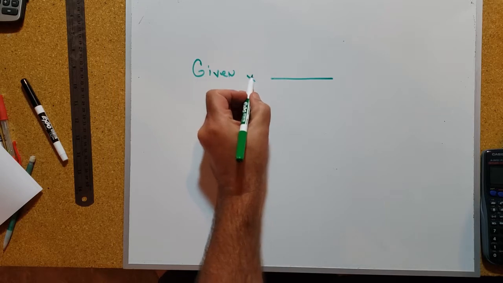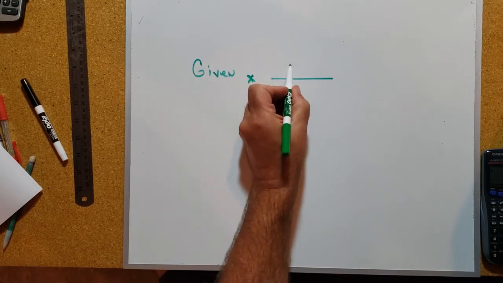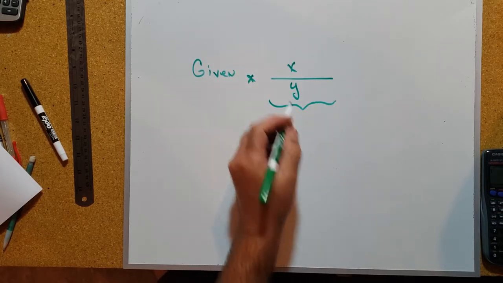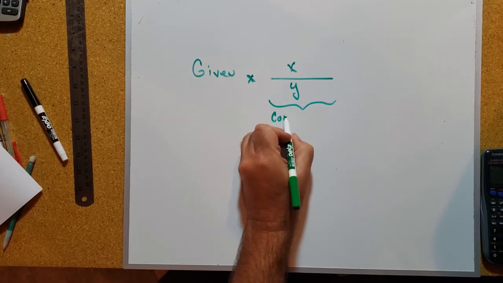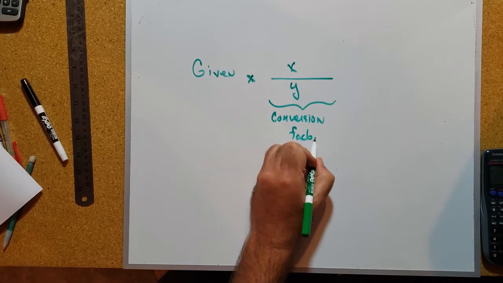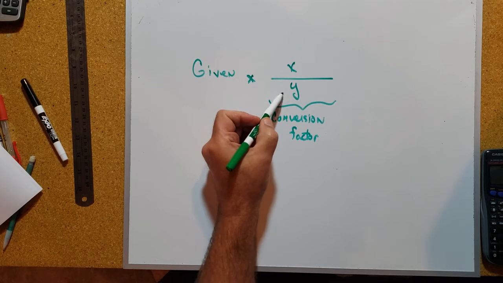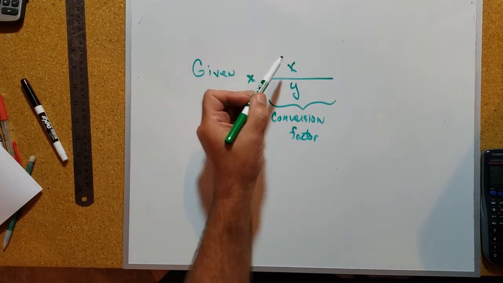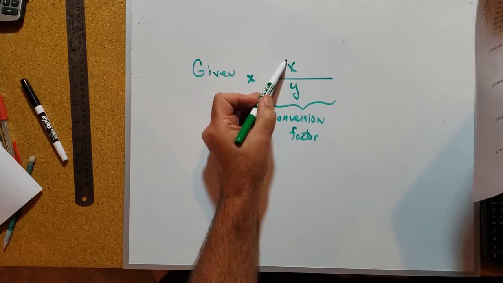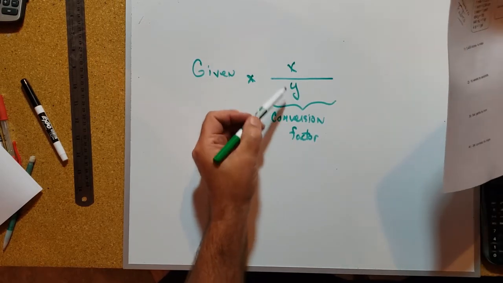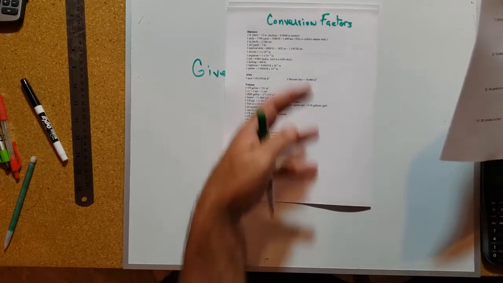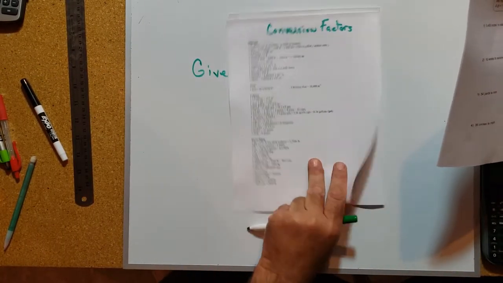And then we multiply it by some number over some other number. This ratio of numbers is, in fact, a conversion factor, like 12 inches over 1 foot, or 3 feet is 1 yard, or 5,280 feet is 1 mile.